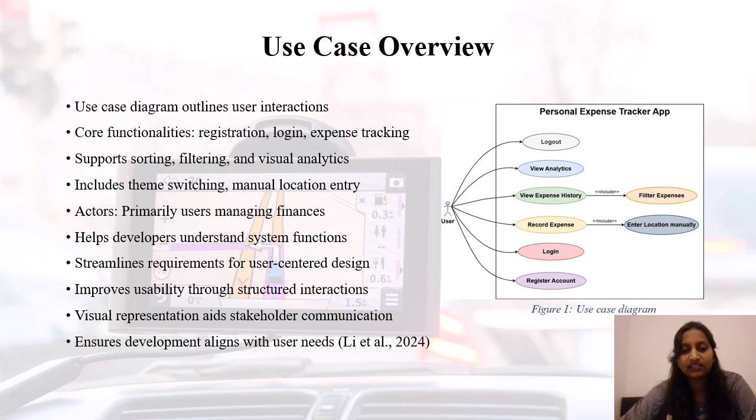This diagram helps developers and other stakeholders match the app functionalities with user needs. By visualizing interactions, it provides a user-centered approach. For example, it is possible to sort expenses or see charts. A tool for tracking money becomes self-explanatory. This diagram also shortens requirement gathering and guides development.